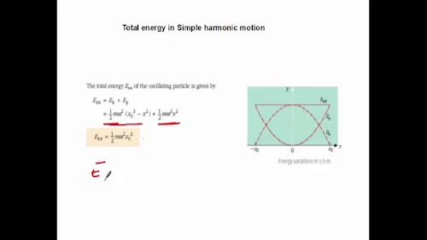So this is the total energy, half m omega square x naught square.